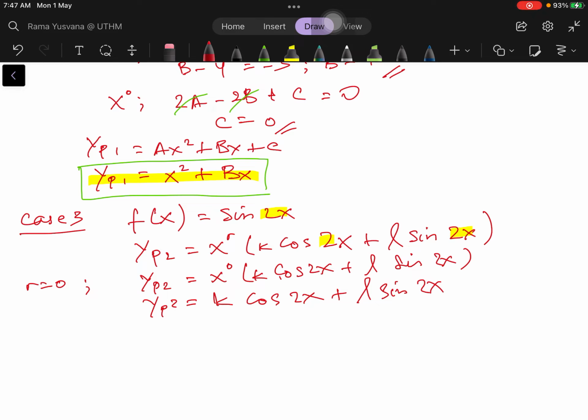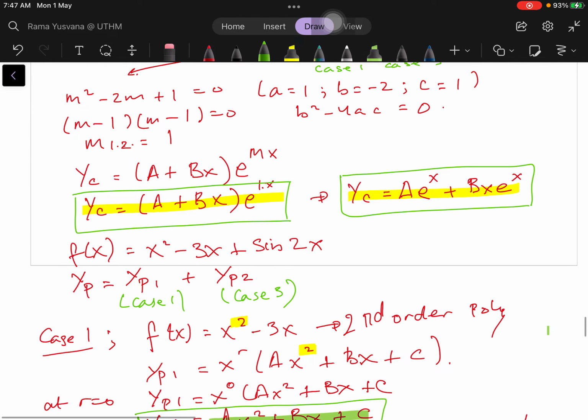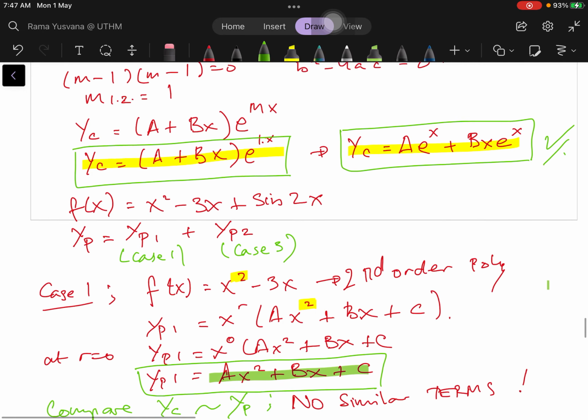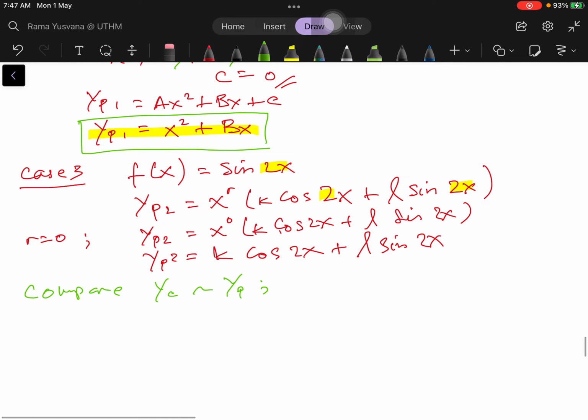Okay, and compare again. Compare yc with yp for similarities. So in this case our yc was this one, this is our yc, and you can see that there is no similar terms, so we can proceed with our choice of particular integral number 2 to be k cos 2x plus L sin 2x.